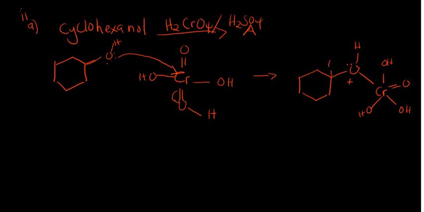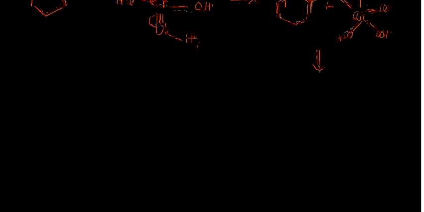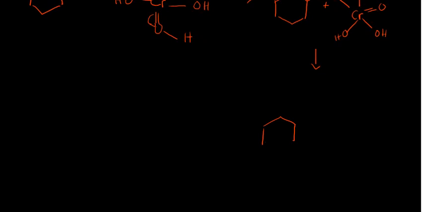So the HSO4 minus comes to get this, and this oxygen becomes, then we are going to have this chromate. The oxygen is bonded to a chromate. This is what is going to happen.